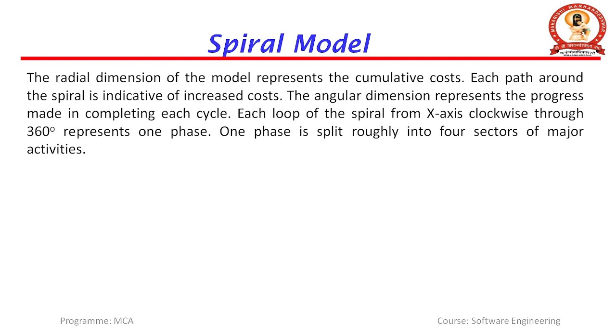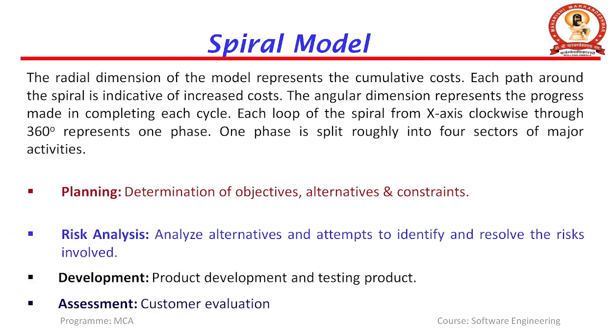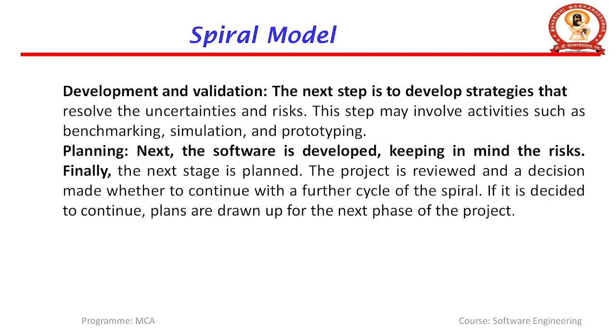So these are the four sectors, the four quadrants which I am discussing, and they are also like planning, risk, development, and customer evaluation, which are the four quadrants we are using in the spiral model. Likewise, as I told you, the objective, the constraint solution, the risk reduction, then after validation, we plan for the next cycle.